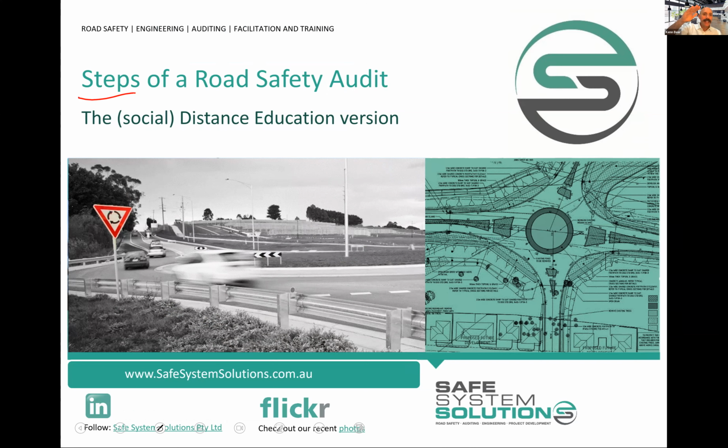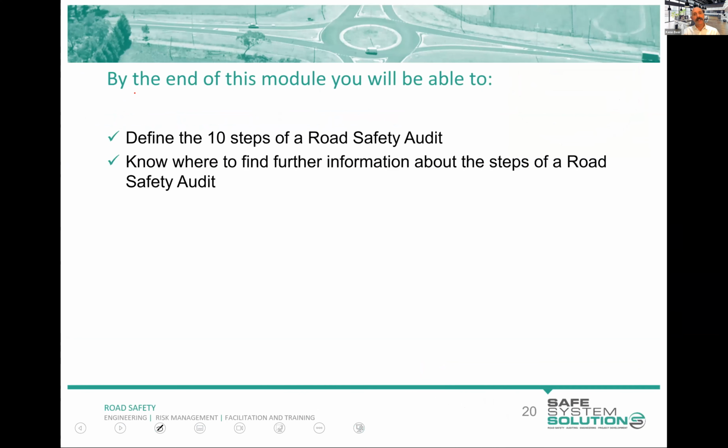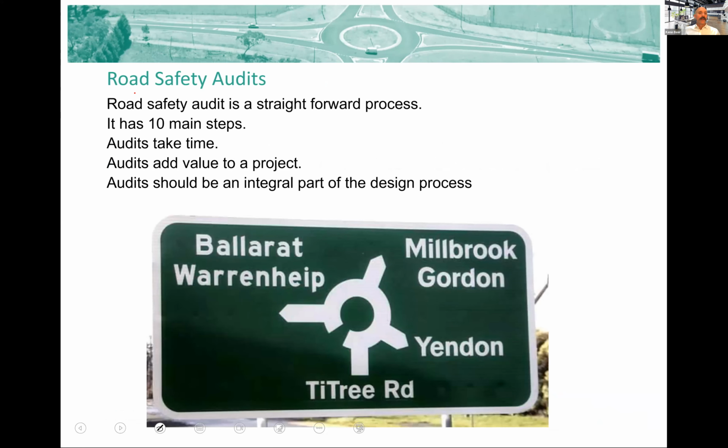In every one of those road safety audits, we follow the same process and the same steps. So I'm going to take you through those steps. In the 2022 Austroads Guide to Road Safety, there are 10 steps, and I'll point you at that for further information. Okay, so I'm going to take you through those.